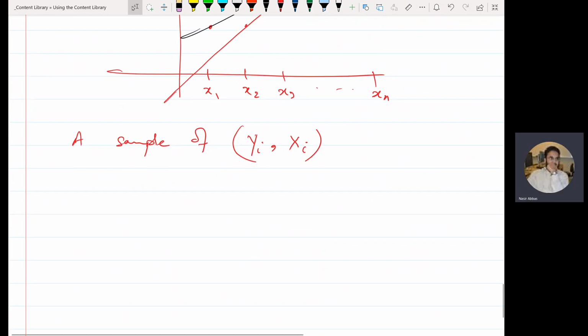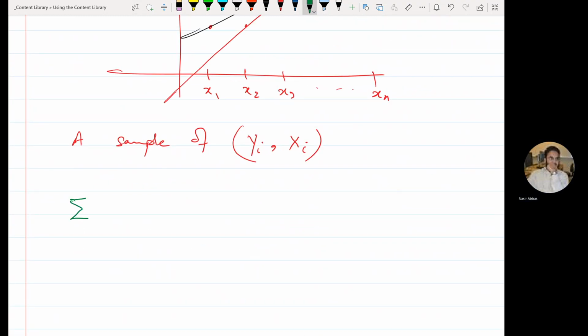Now, if I say that I want to minimize this quantity, summation of epsilons, or because I'm talking about a sample, I will say summation of errors, the e_i's, as the estimates of actual errors. Now, if I try to minimize this quantity, what's the problem?